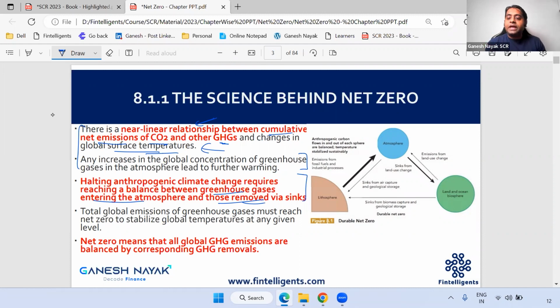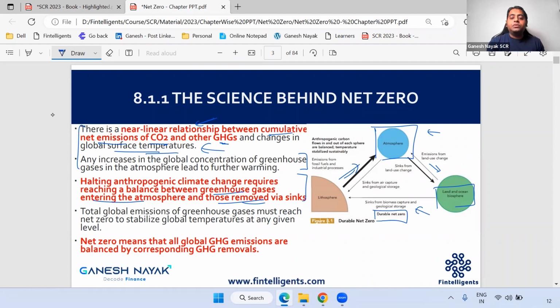If you look at this diagram also, there are greenhouse gases going into the environment and being absorbed through land and the biosphere. Then there is a carbon capture approach, which we have seen in the first chapter. All of that can balance out, and you can have a durable net zero situation.